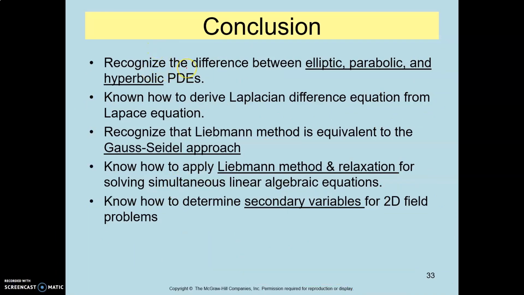In conclusion, you should be able to recognize the difference between elliptic, parabolic, and also hyperbolic PDE. Previously, you must recognize you can use b squared minus 4ac. If it is less than 0, it will be the first case, then equal to 0 or greater than 0.